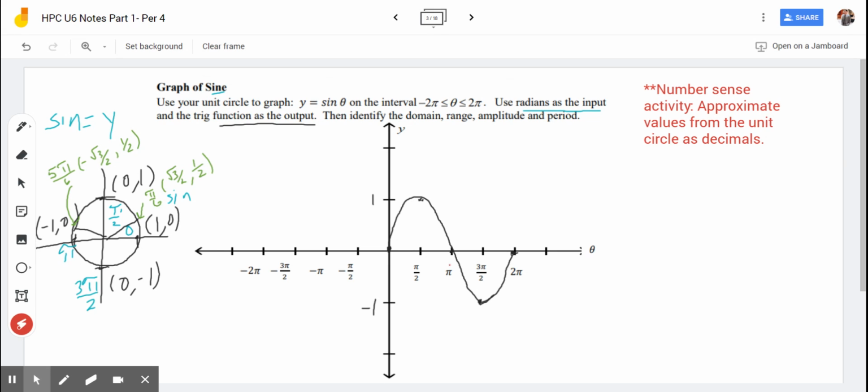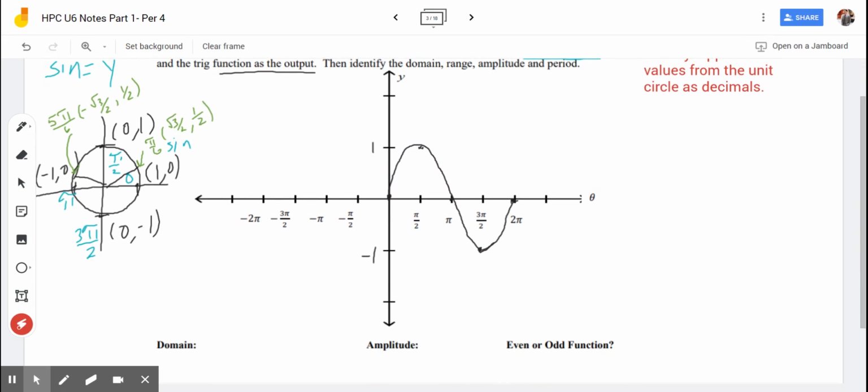Since pi is about 3.14, our coordinate should be about (2.5, 1/2), somewhere around here, a little bit to the left of pi. That's why we have that coordinate there for the sine graph. The pattern will continue as we go around the unit circle, but I wanted to illustrate a couple of the coordinates to show why the pattern of the sine graph is that way.